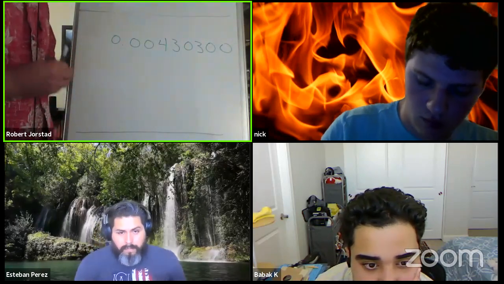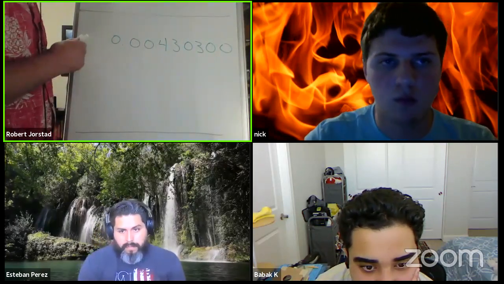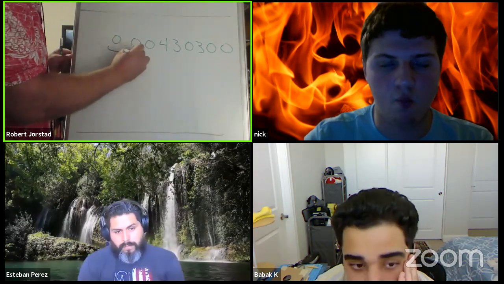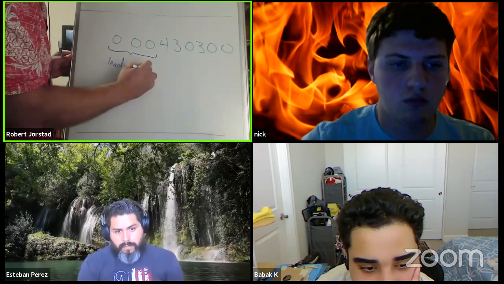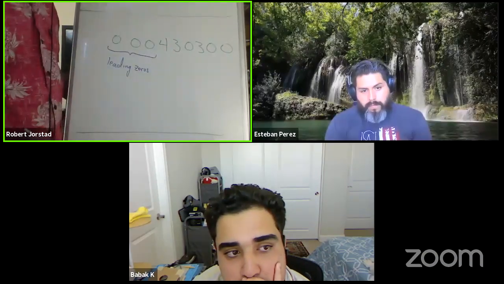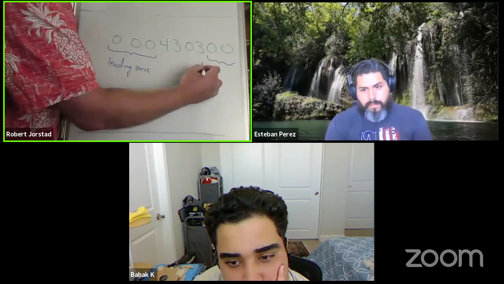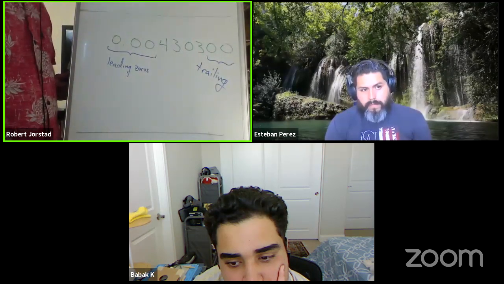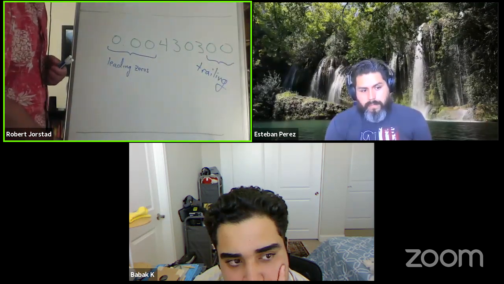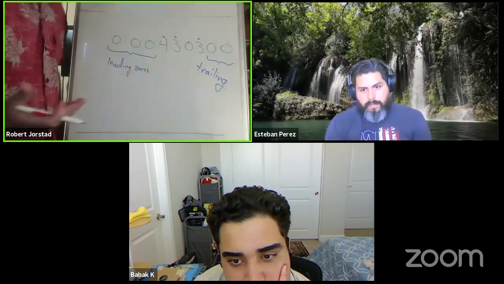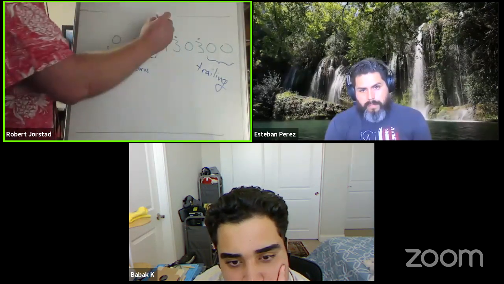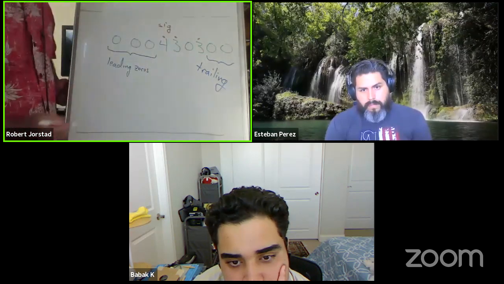Now, these numbers at the left end are called leading zeros. They come at the beginning. These are trailing. This one, and this one, they're all non-zero, so these are significant by rule 1.